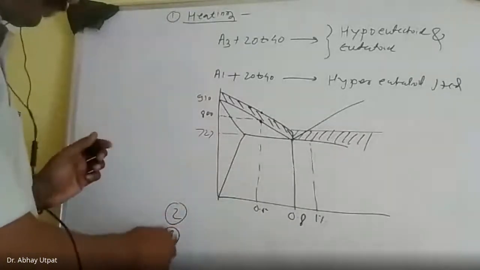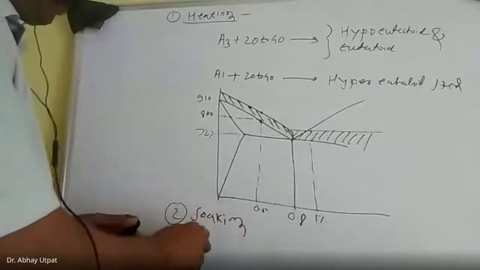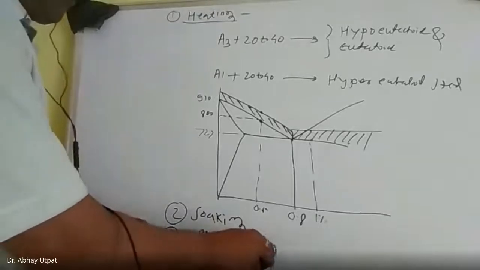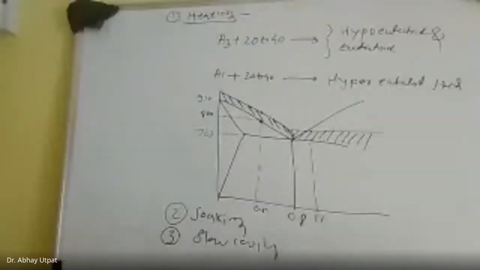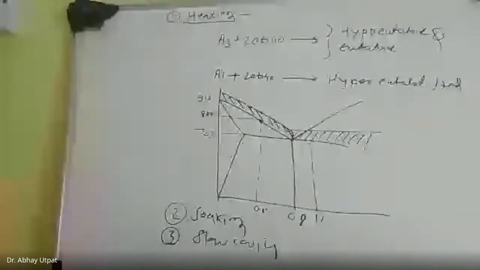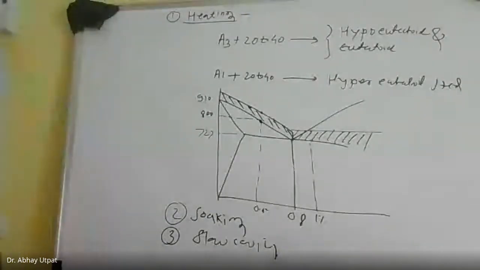Third, cooling, slow cooling. Slow cooling is carried out in the insulating material or in the furnace itself by switching it off.